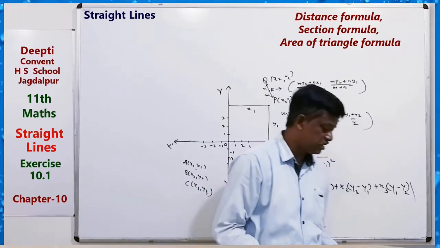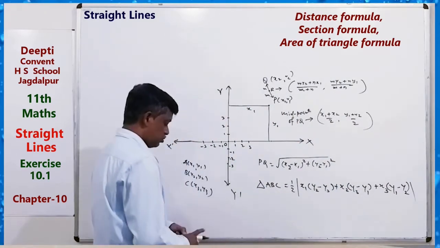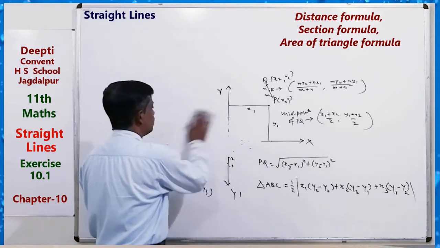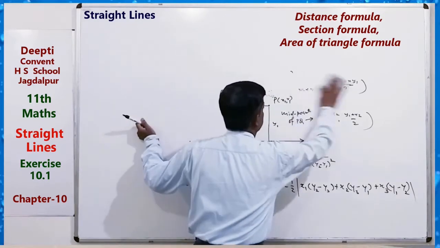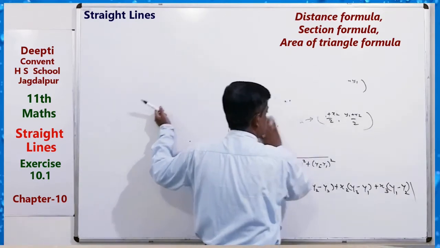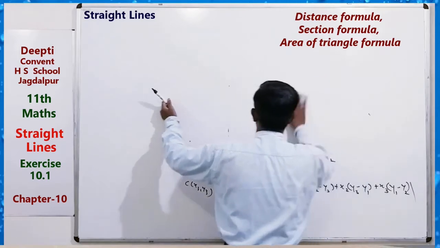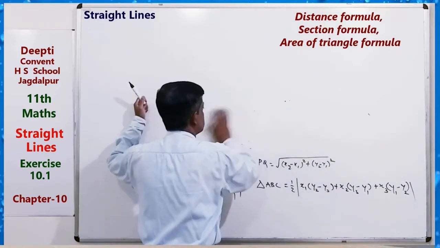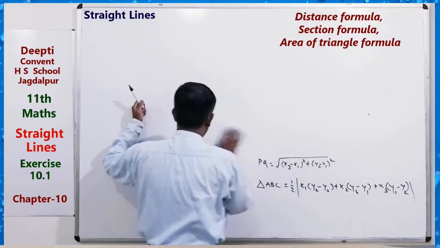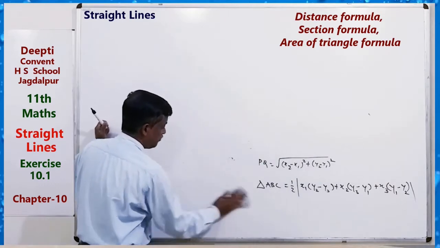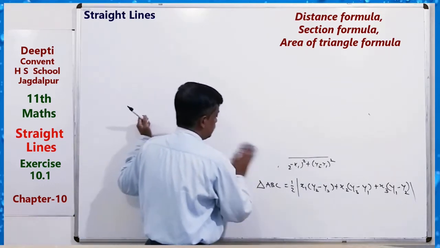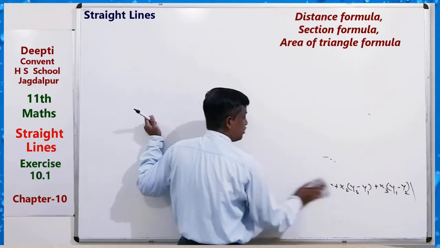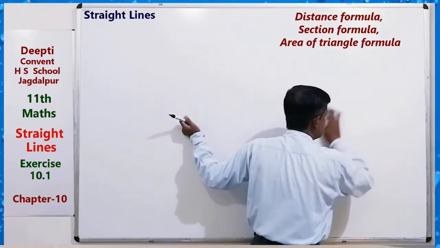Now, the new topic is the slope of a line. We have to start studying a straight line by using coordinates. Slope of a line means, suppose we have a two-dimensional plane, that is the xy plane, and slope of a line means inclination.